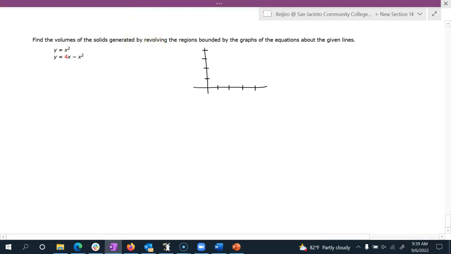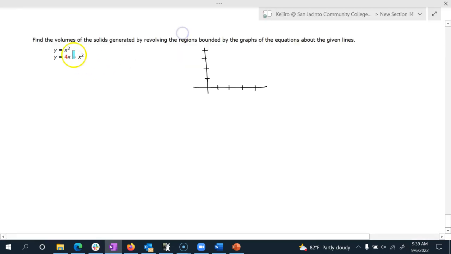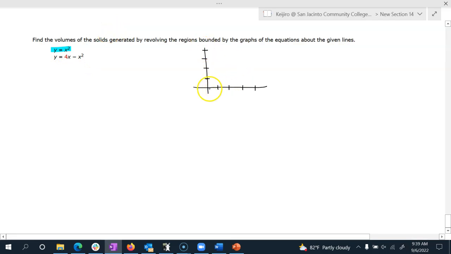Now, y equals x squared is just a parabola. I'm just going to draw that in here. This isn't going to be super accurate. But that's sort of what it would be.